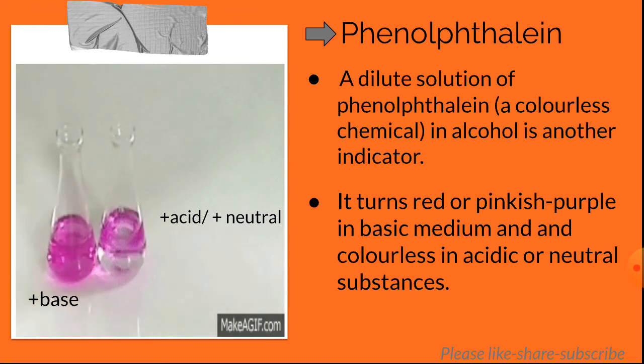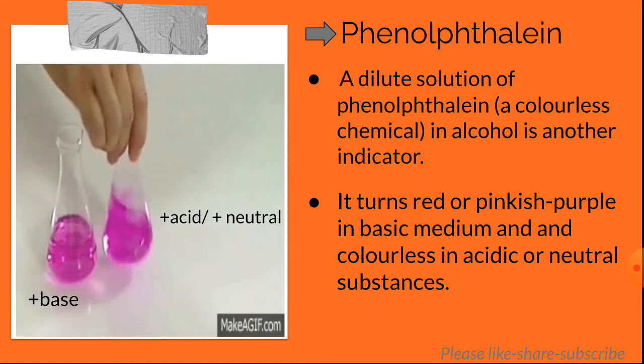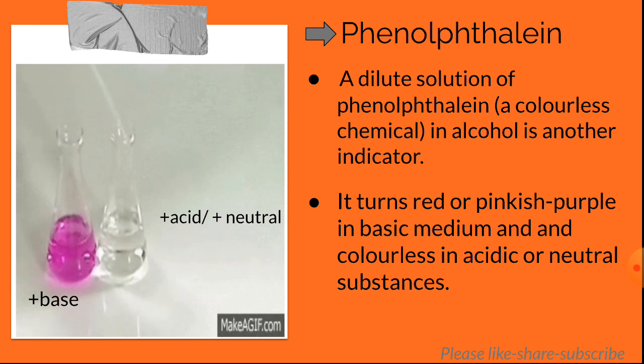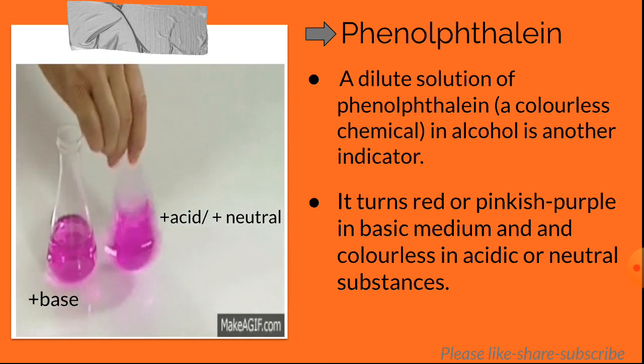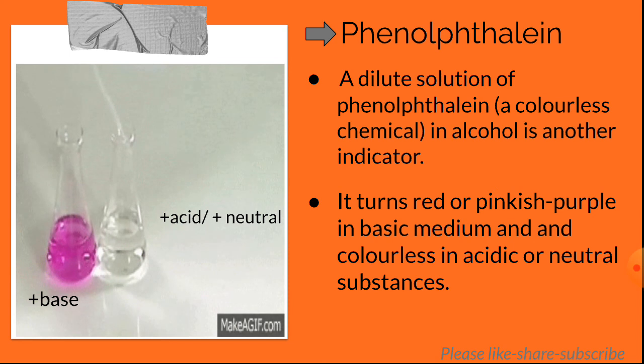So when phenolphthalein is added to a basic medium, it turns pinkish purple to red. And when it is added to an acid, it is left colorless only. Same goes with neutral substances.